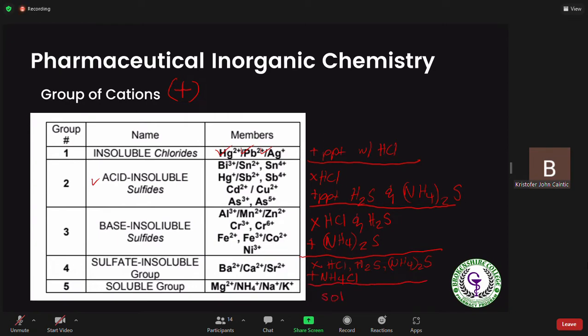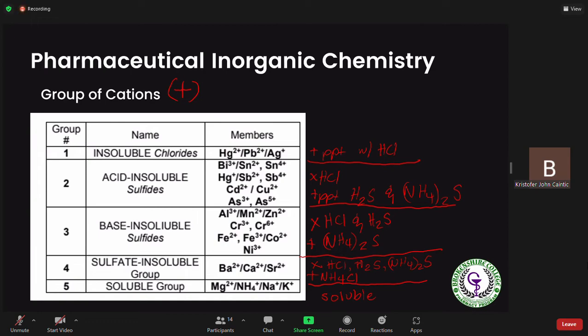They are soluble with all of the solvents mentioned. That's how they categorize the different cations based on their property in a solution. I hope you get the chance to familiarize yourself with this. The distinction is easy. Just remember, each group is an advance on the one before.